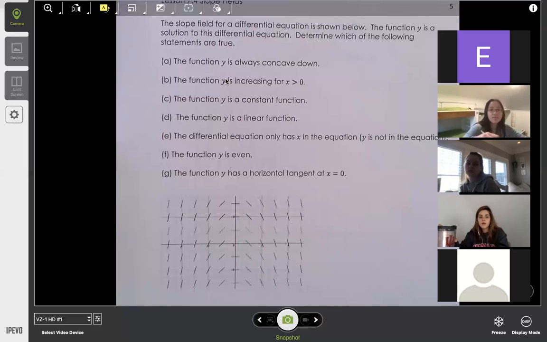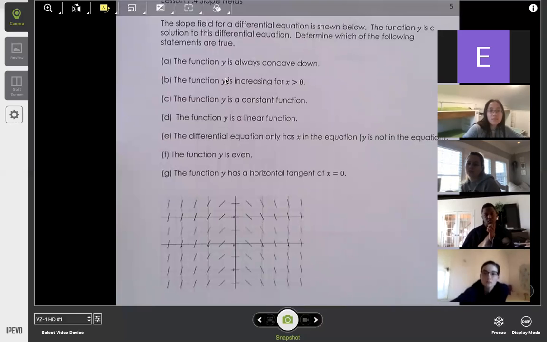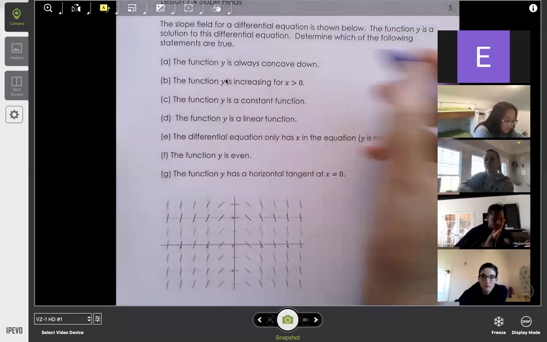What do you think, Stella? Can't hear you, Stella. Yeah, it would be concave down. Okay, does that make sense to other people? Yes, so that's going to be true.